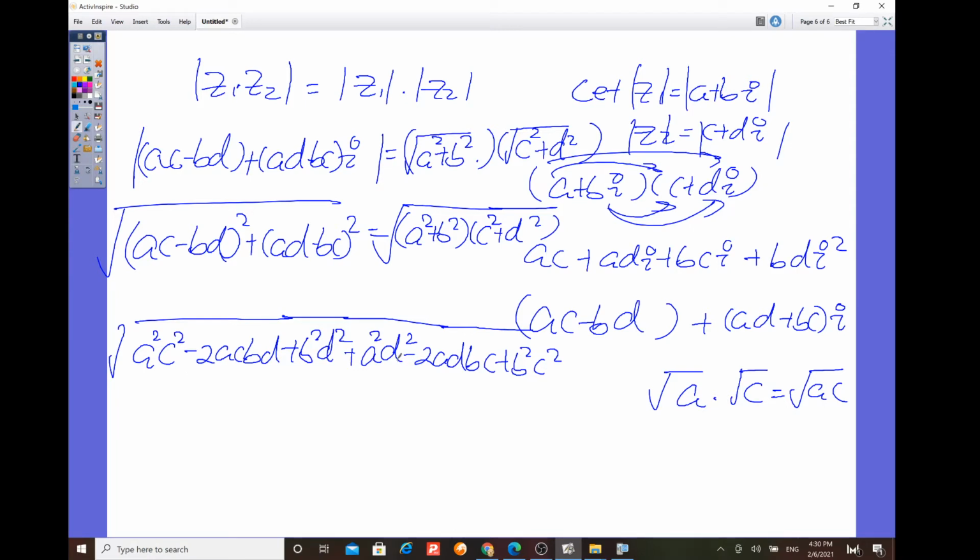So it's negative 4ABCD. What else can we combine? The rest of this, basically just rewrite it. Keep it in this form. Combine them all: A squared C squared, minus 4ABCD, and then plus B squared D squared.